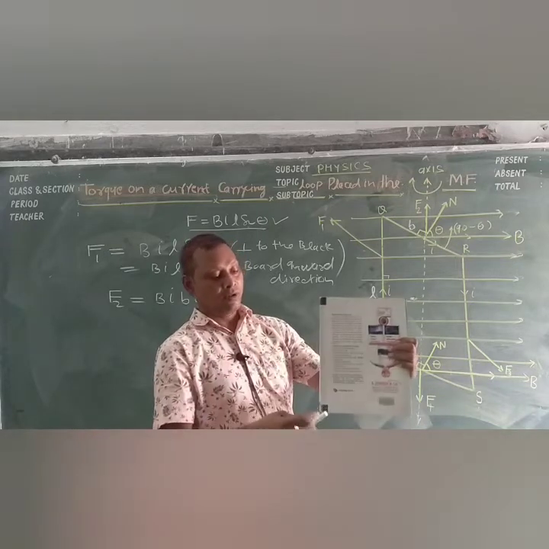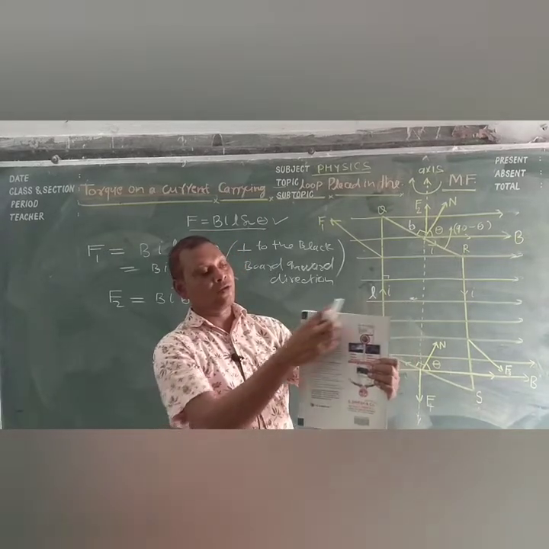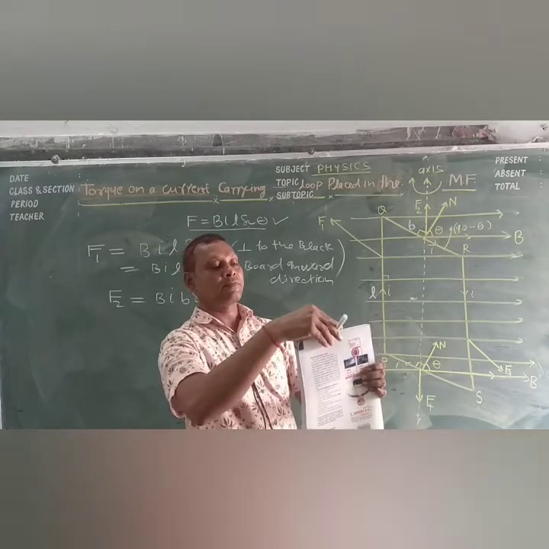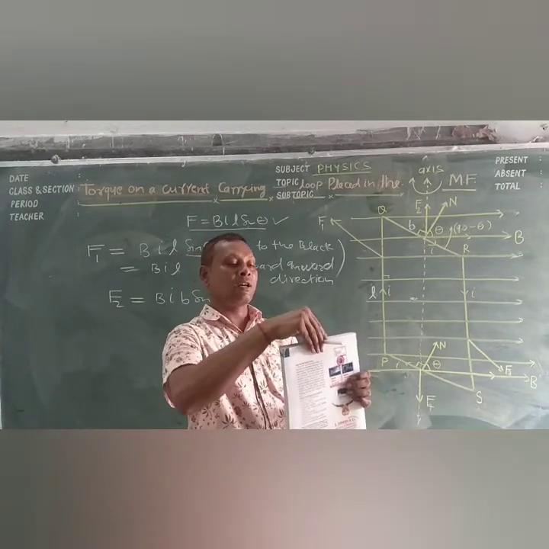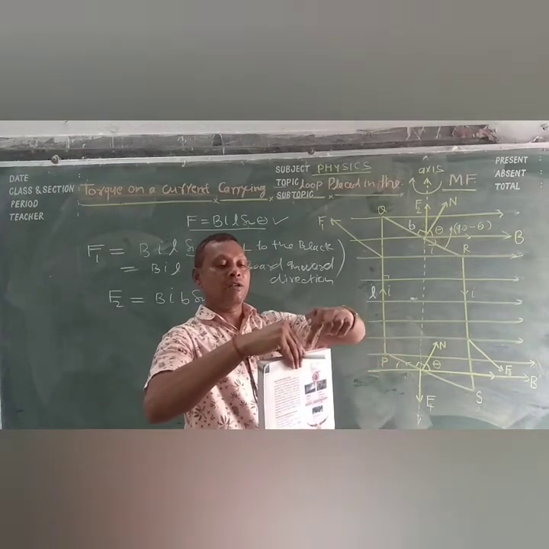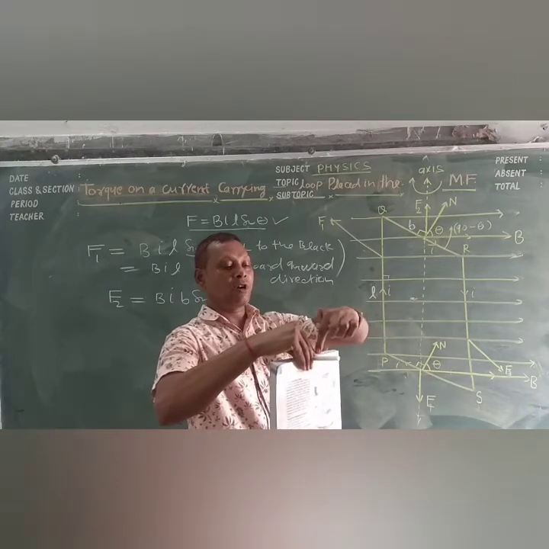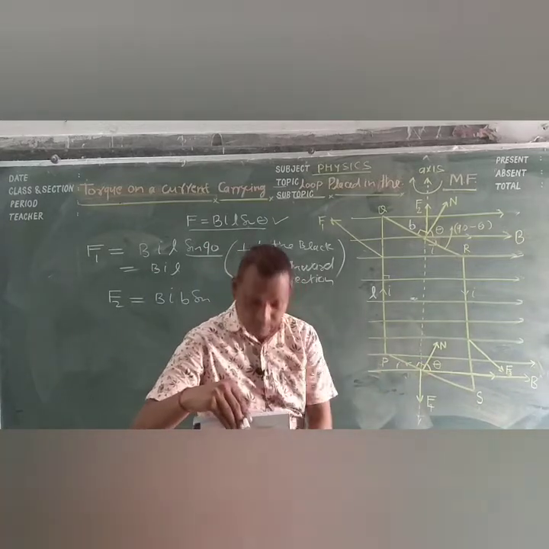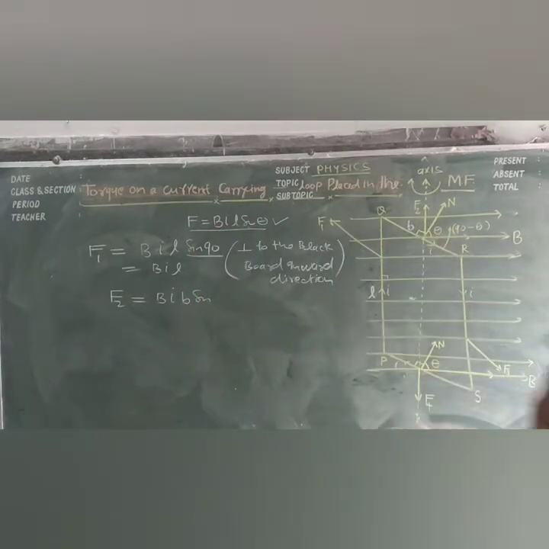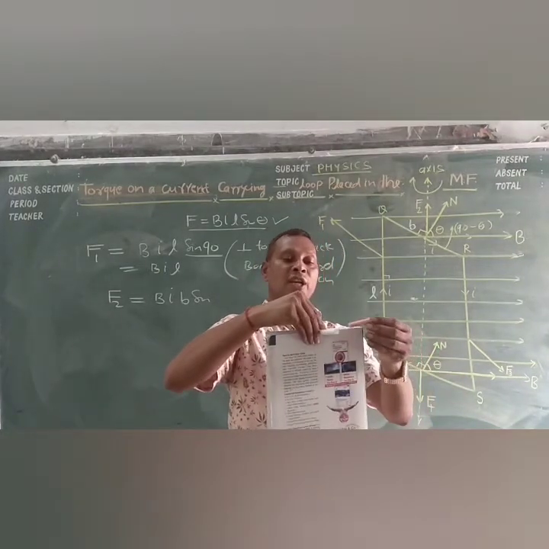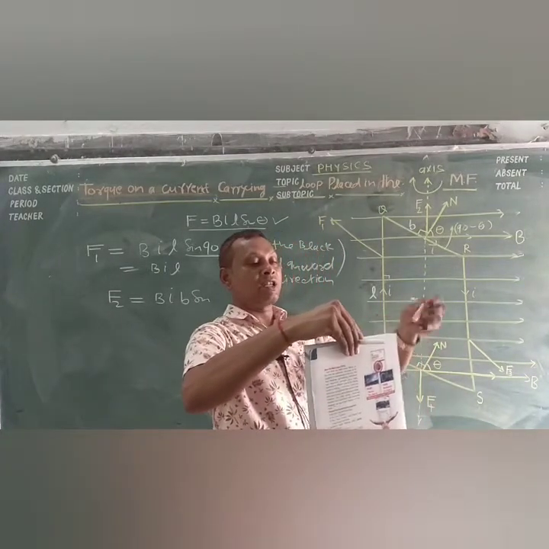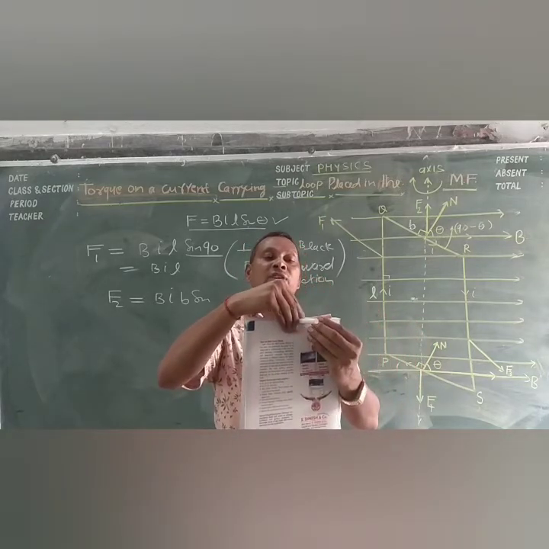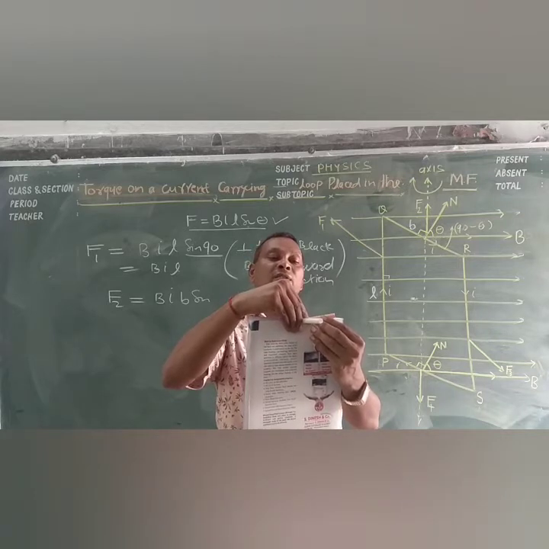This is the chart, and the magnetic field is horizontal. So the white chalk is your area vector, this is the direction of current, and the brown chalk is the direction of magnetic field.